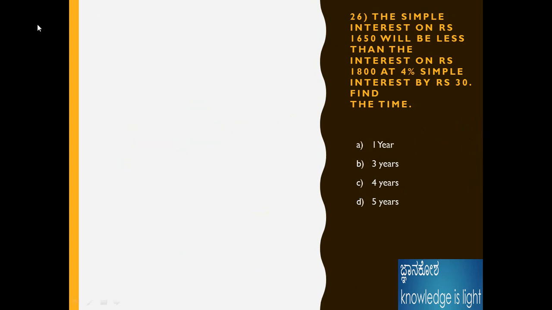We already know 1650 is the amount. With respect to this, the simple interest is less by rupees 30. So the interest should be X minus 30, and our rate is equal to 4%.